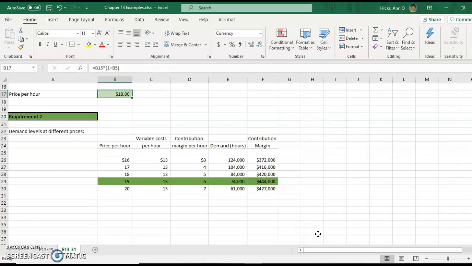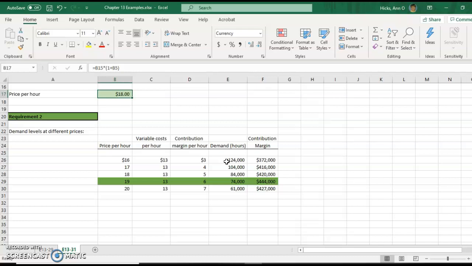So as we increase our price, building construction companies are going to be less likely to demand our services. And so what the question actually asks is, which price per hour based on our market is going to maximize our contribution margin, which effectively maximizes our operating income?